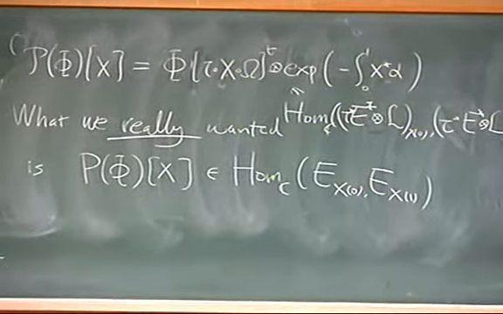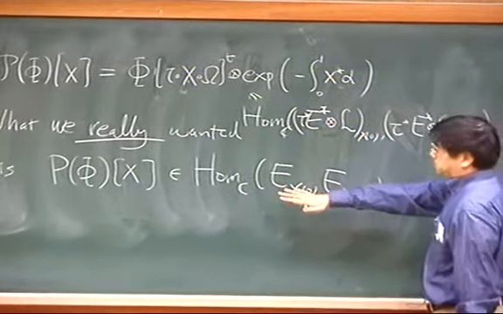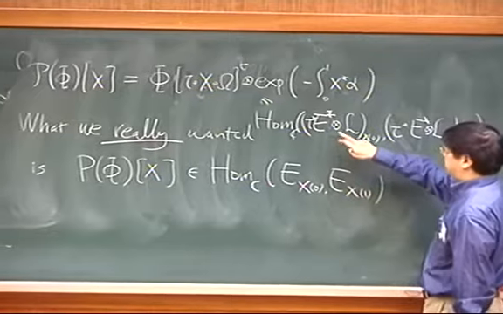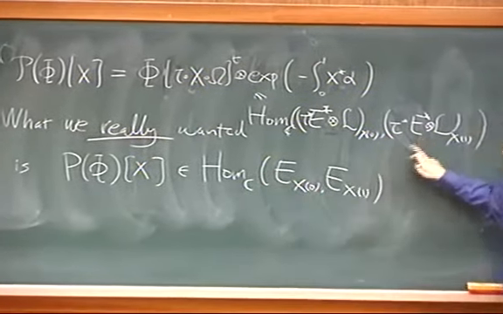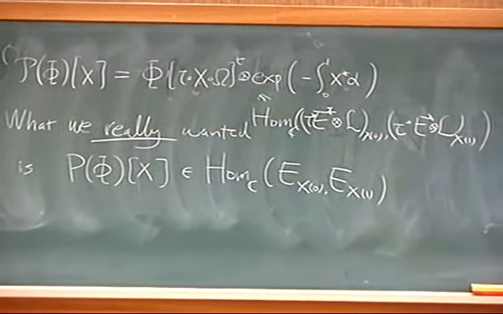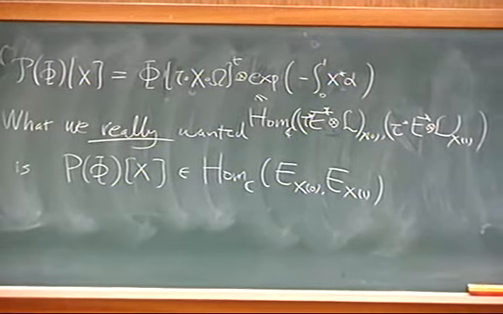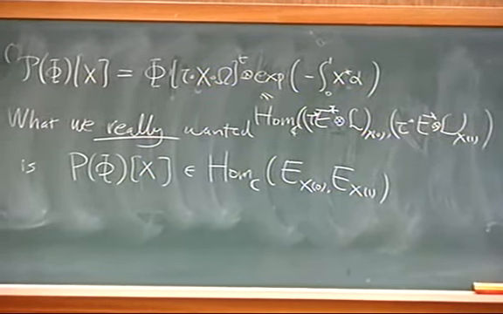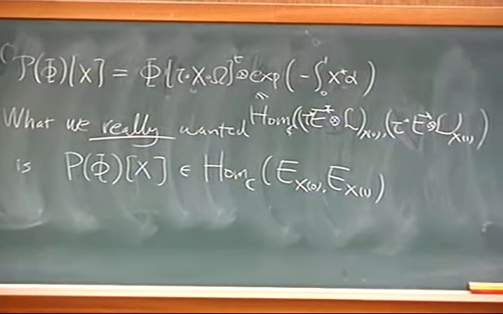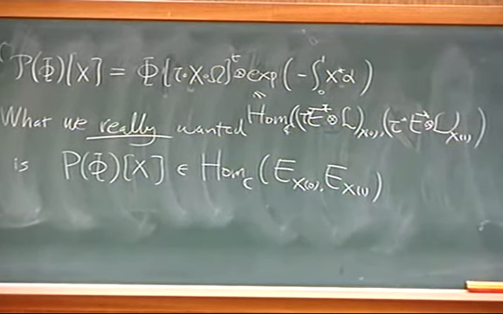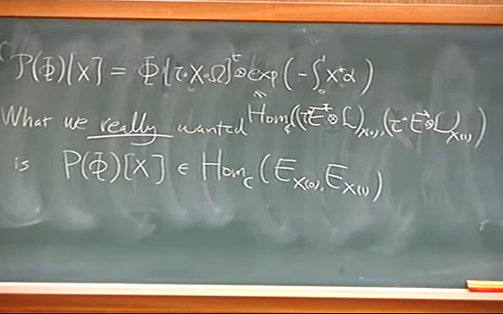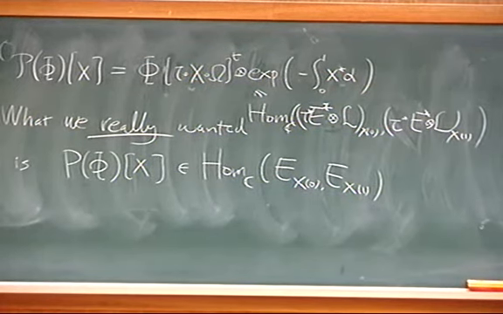Okay, so you would obtain such a state if there's a map from here to here, and that map should also transfer this parity image data to the original.